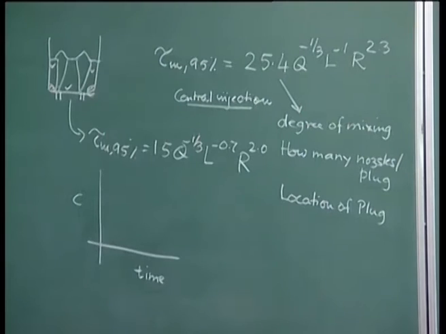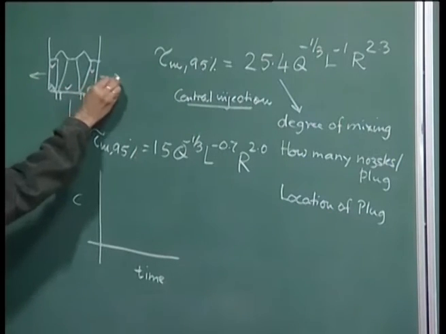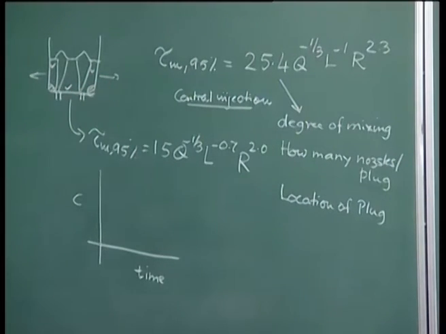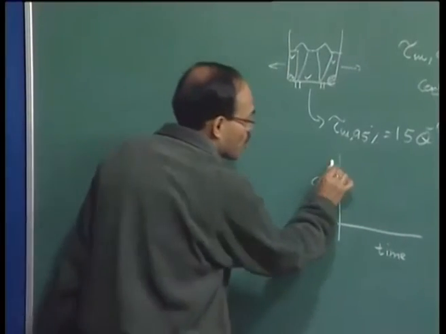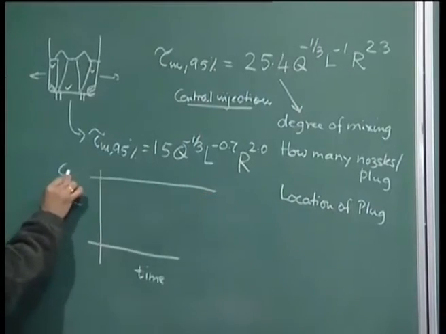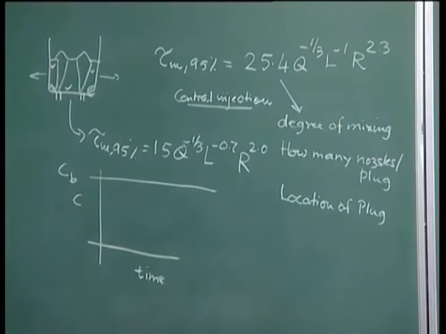Now, when a tracer or an element is added into the ladle, it cannot go out of the system. After a large amount of time, I will have a homogeneous concentration, which I call Cb.